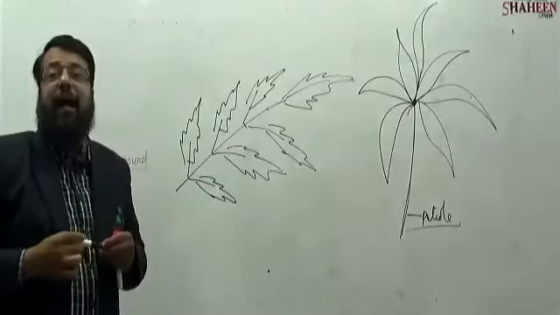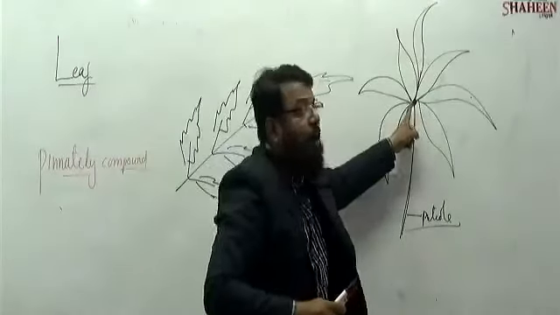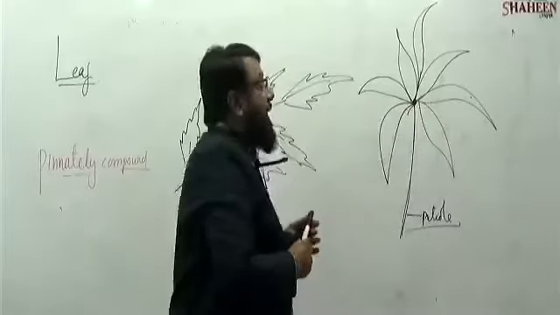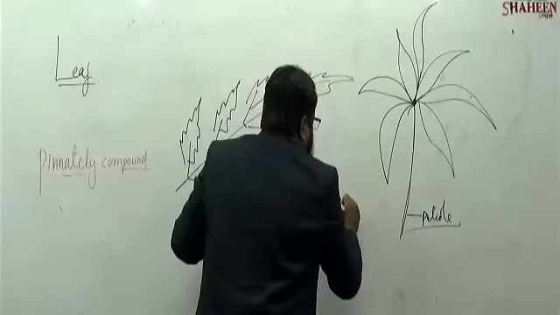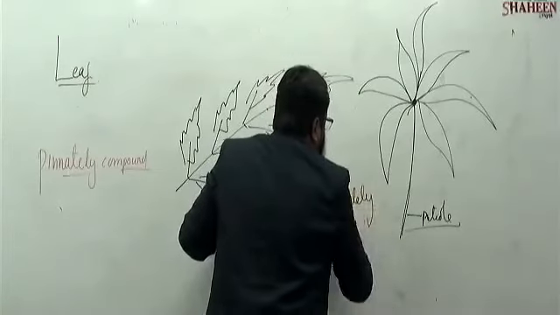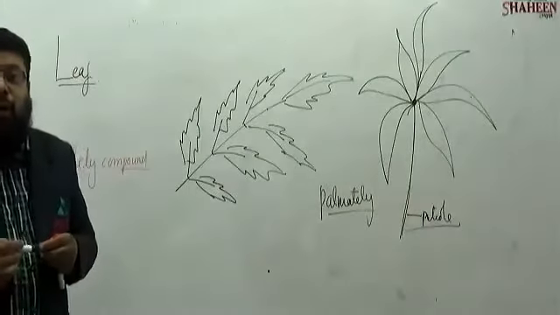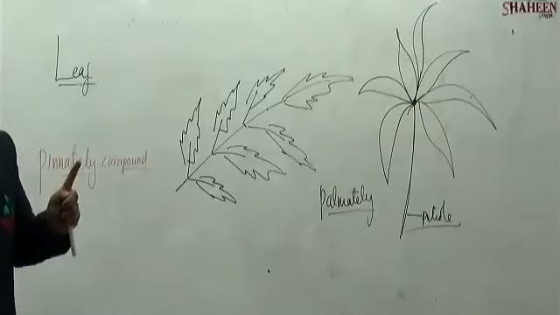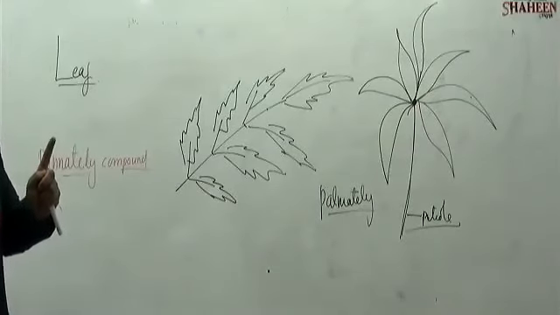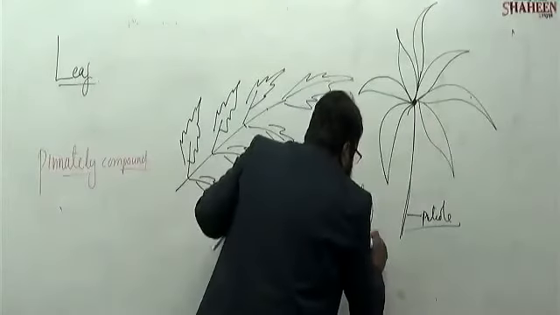From a common point, this is called palmately compound. When the leaflets arise from a common point, it is called palmately compound. Example is silk cotton.